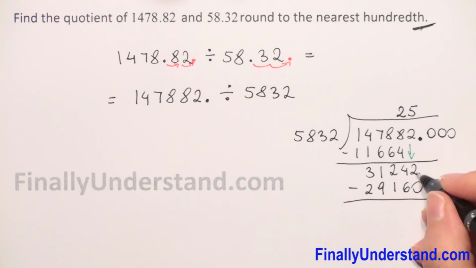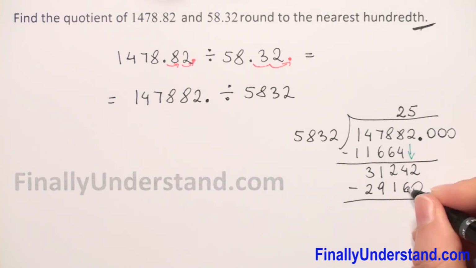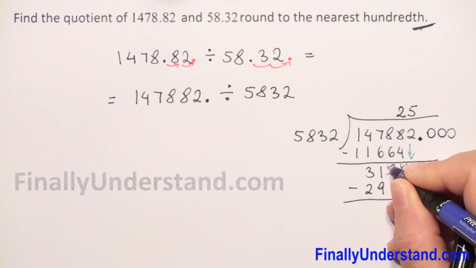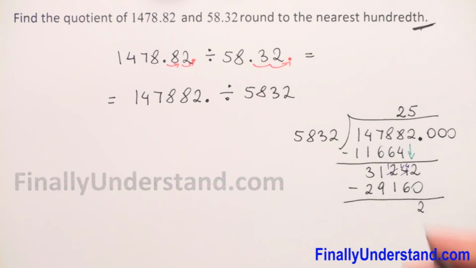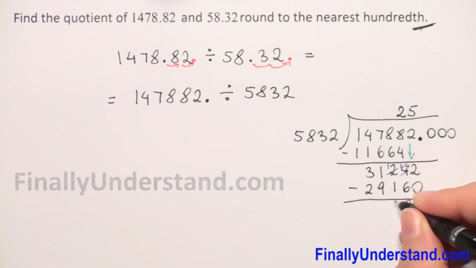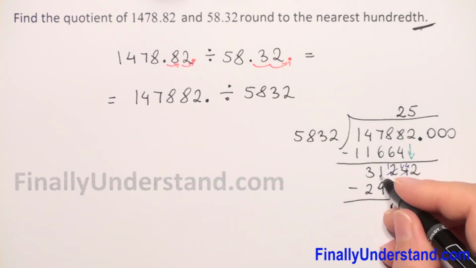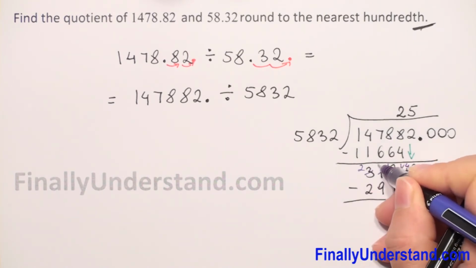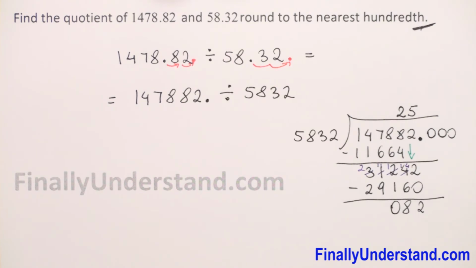So we have 2 minus 0 is 2. 4 minus 6 we cannot do, so we have to borrow 1 from the next digit, so it will be 14 and 1. So we have 14 minus 6 is 8. 1 minus 1 is 0. 1 minus 9, we need to borrow 1 from 3, so it will be 2, and we have 11 minus 9 is 2. 2 minus 2 is 0, we don't have to write.